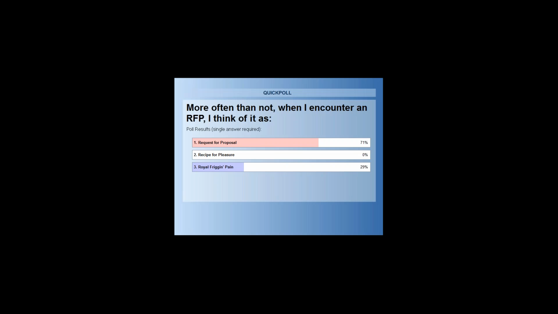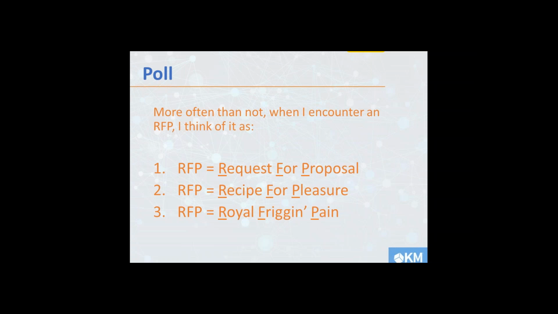There's maybe 30% of you that think of it as a pain, and certainly some of them can be. And I've shown you my research as to why I agree. But hopefully, we can come up with some clever ideas. Maybe at the end of the day, we'll convert one of you to consider RFPs a recipe for pleasure. Okay, so let's keep moving on.